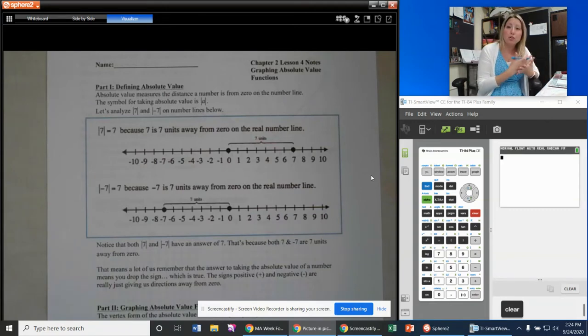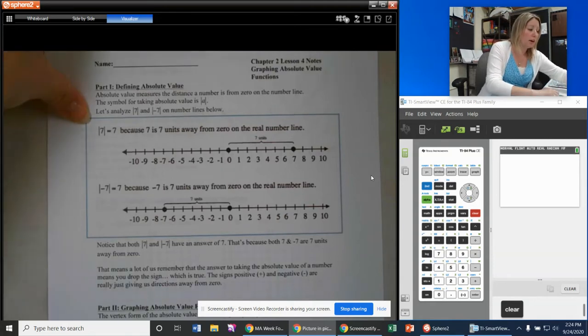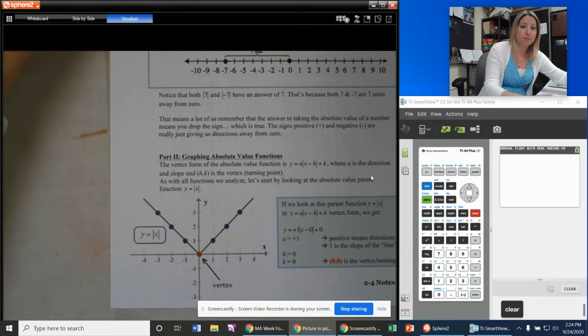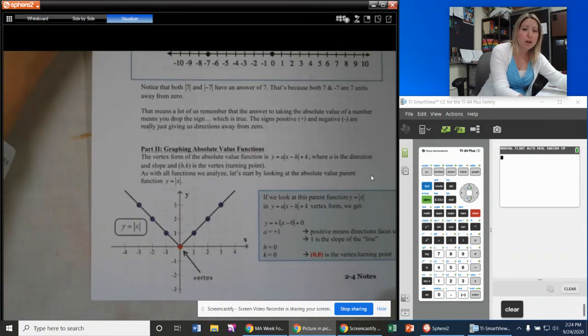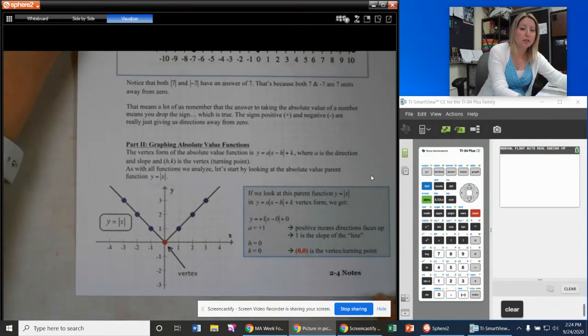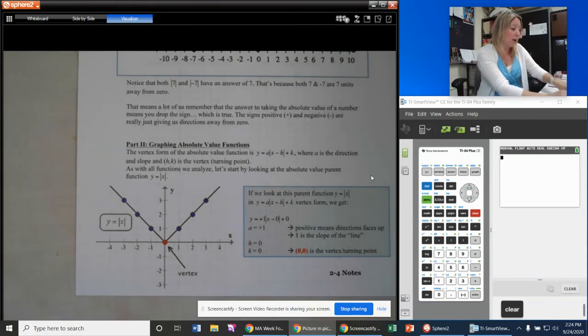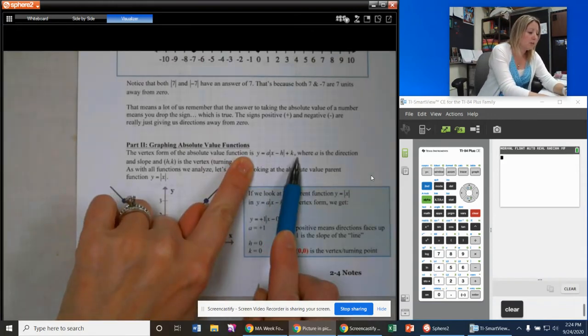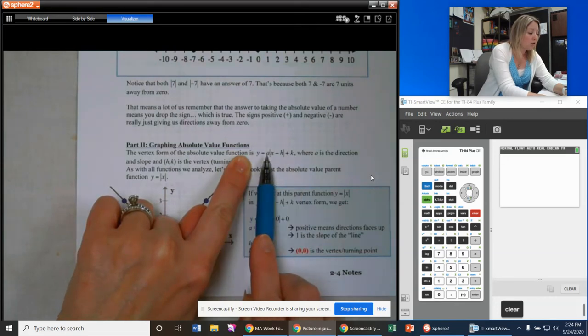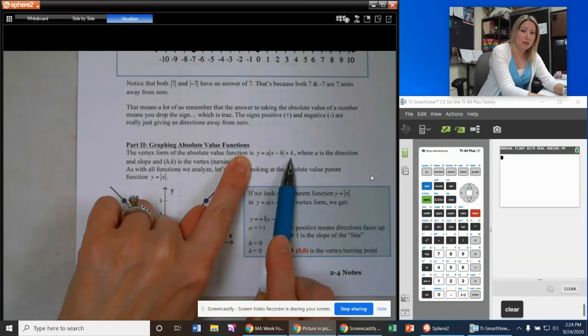Now, when you start to put two variables involved in that, then absolute value looks like a V shape. And so here, what I'm doing in the absolute value function is I'm showing you the general form of the function, right? So y equals a, and then the absolute value of x minus h, plus k.